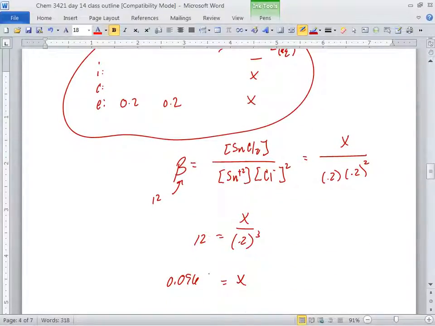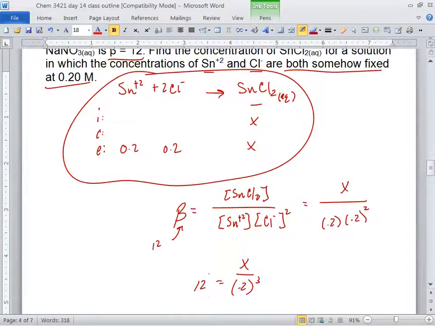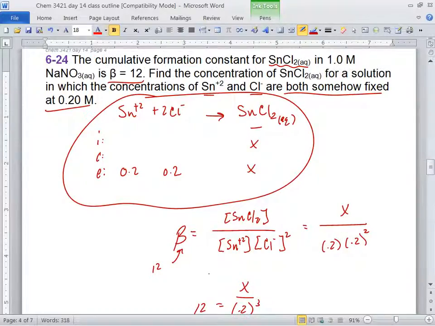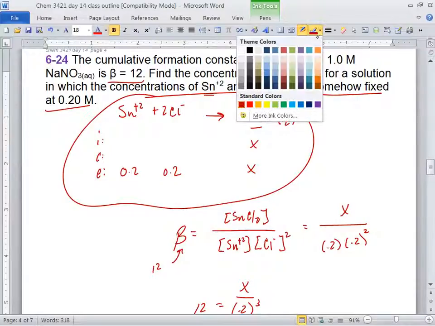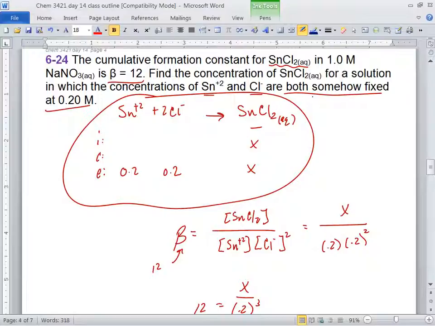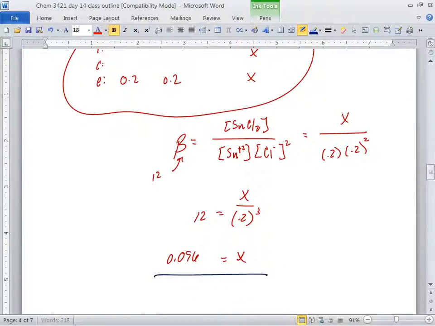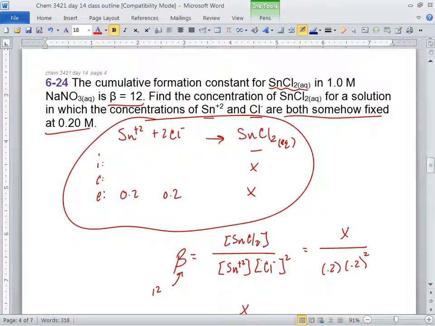Is that my answer? Andy, is that my answer? 0.096? What do they want you to find?